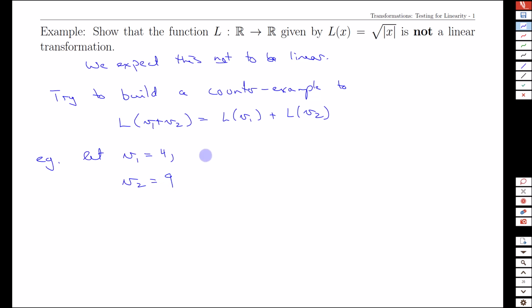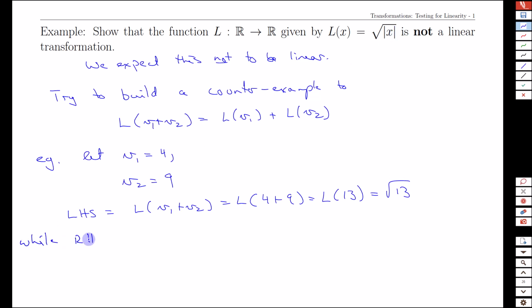Then the left-hand side of this equation up here is the L of v1 plus v2, which is the L of, do the sum first, so 4 plus 9 inside the brackets. 4 plus 9 is 13, so L of 13, which is the square root of 13 by the definition of our function.